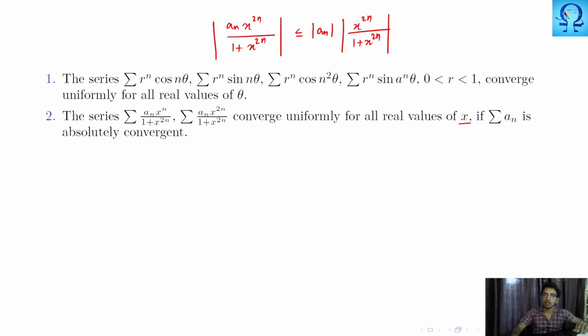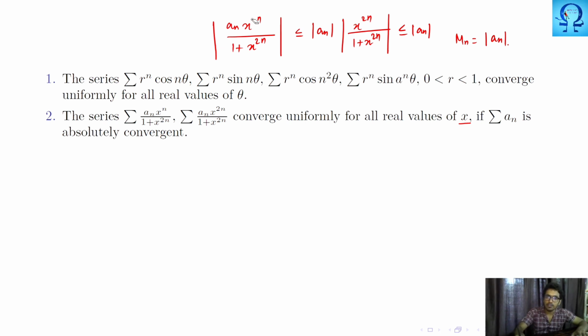If you take x^(2n) outside and cancel, you will be left with this quantity, which is bounded by 1. So if the summation of An converges absolutely, then by the Mn test, choosing Mn to be the absolute value of An, we can conclude this.